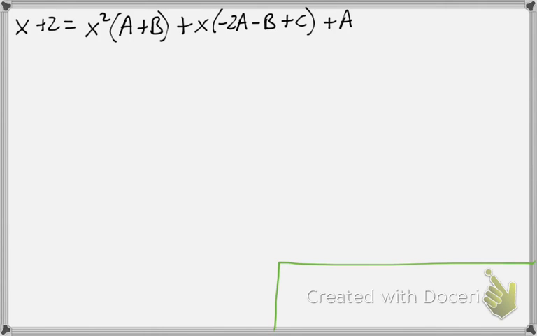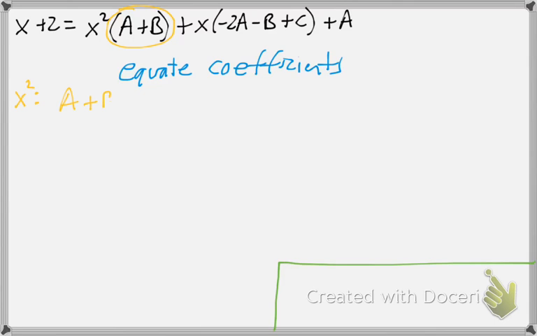So now I want to equate my coefficients. So I have an a plus b on the right-hand side being multiplied by an x squared. I don't have any x squared on the left, so it's like it's a 0. So my x squared equation is going to be a plus b is equal to 0.